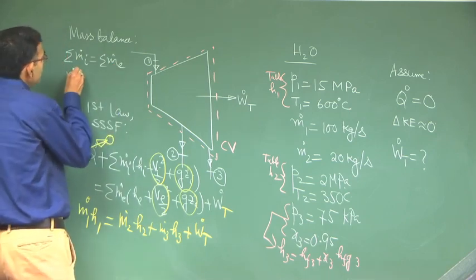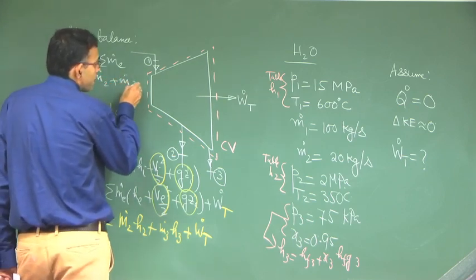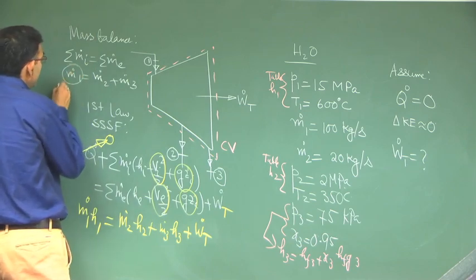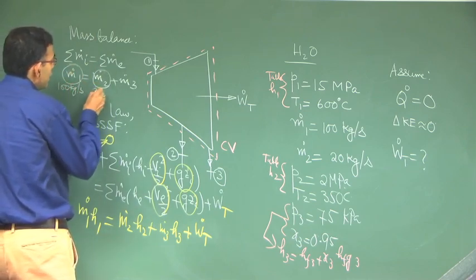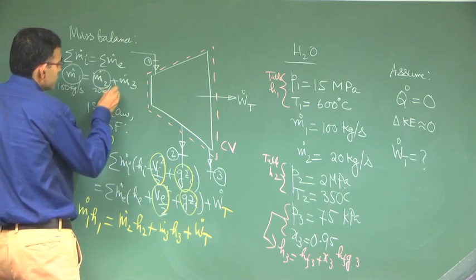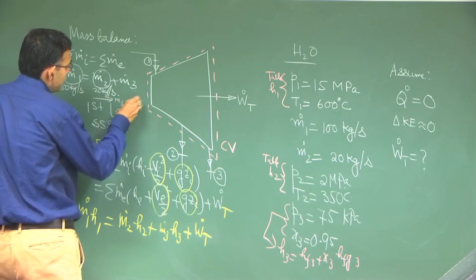So, m dot 1 is 100 kg per second, m dot 2 is 20 kg per second, and this means m dot 3 is 80 kg per second.